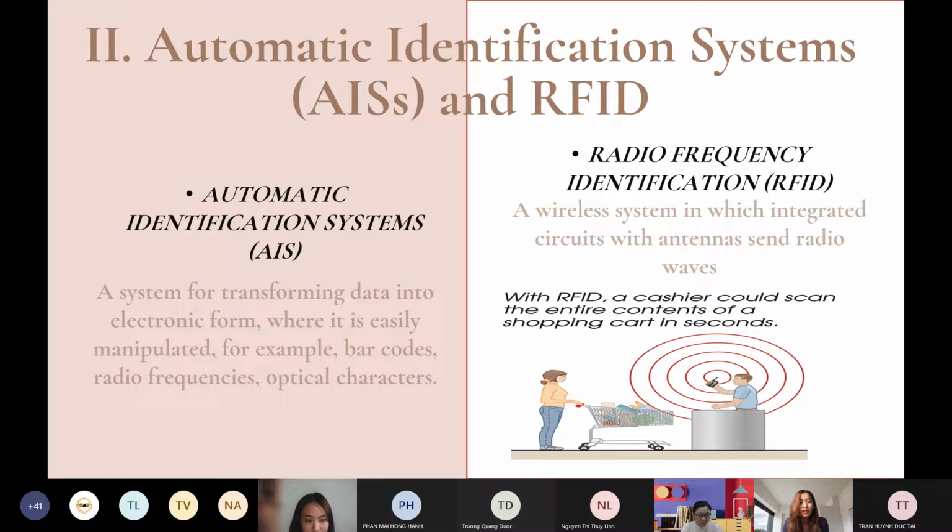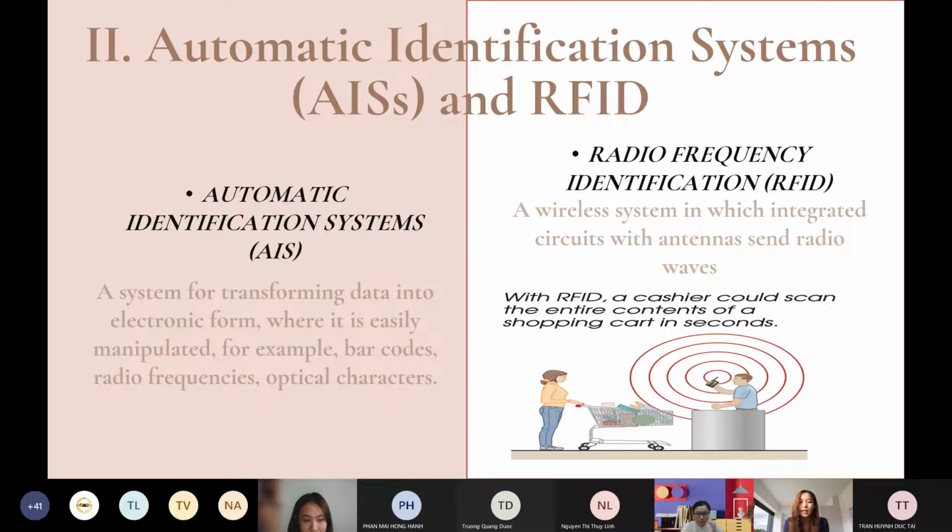AIS is a system for transforming data into electronic form where it's easily manipulated, for example, by radio frequencies and optical characters. Because of its decreasing cost and increasing pervasiveness, radio frequency identification, RFID, warrants special note.